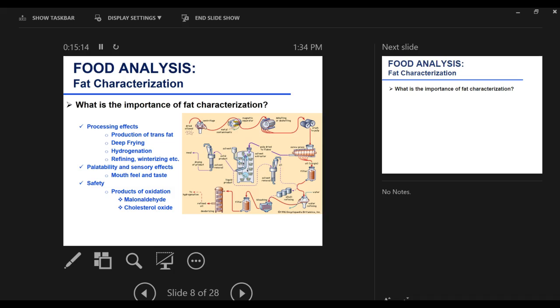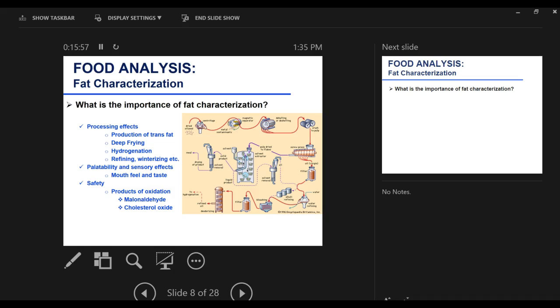To determine the effectiveness of refinement, you often measure free fatty acids in your oil. After refining, you determine if you still have free fatty acid or if you've gotten rid of it. So the free fatty acid assay, which you'll do in the lab next week, before Thanksgiving, is where you measure free fatty acids. It's an indication of refinement, and it's also an indication of hydrolytic rancidity. If they want to determine the age of the oil that has been used for frying, for example, one of the ways is to measure free fatty acids in that oil.